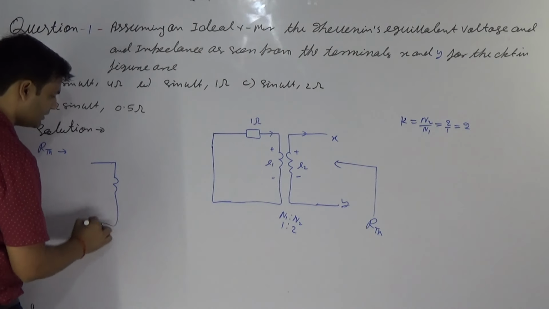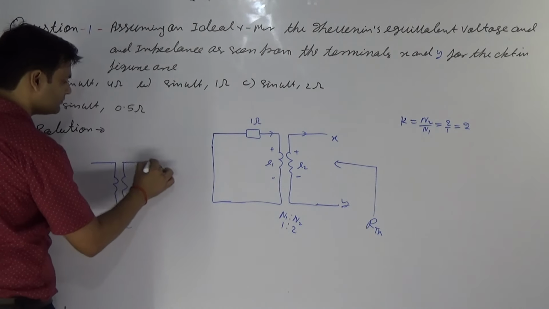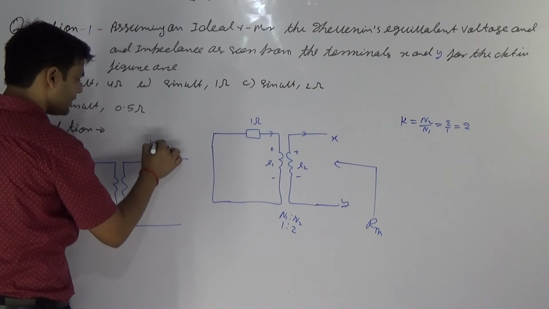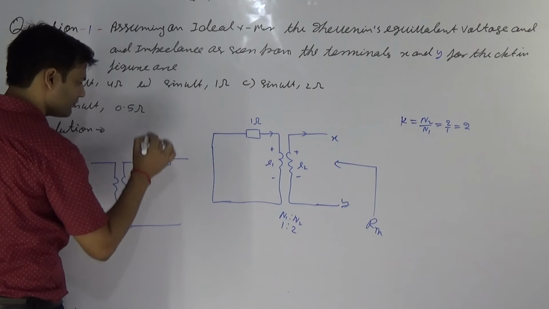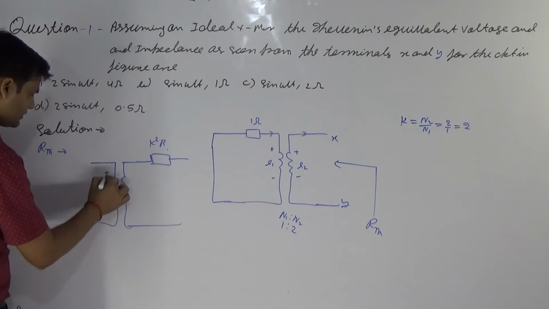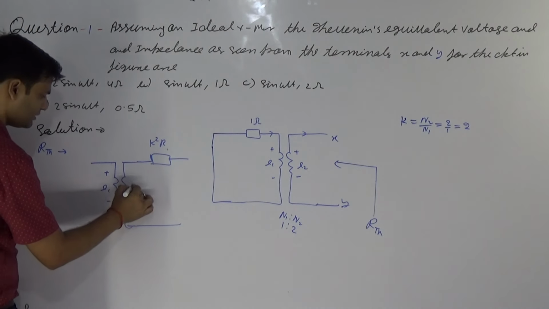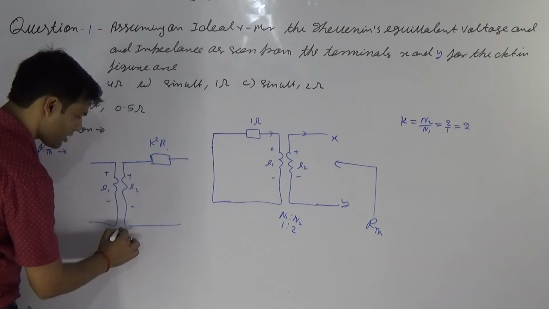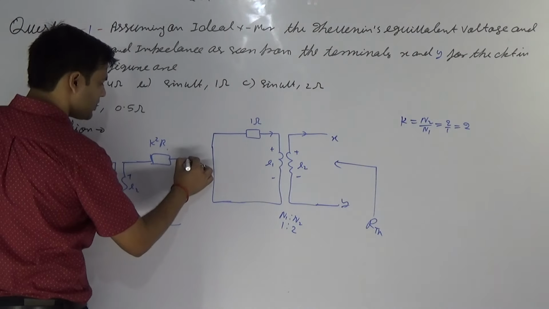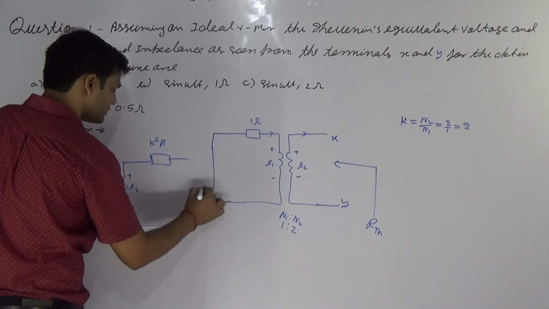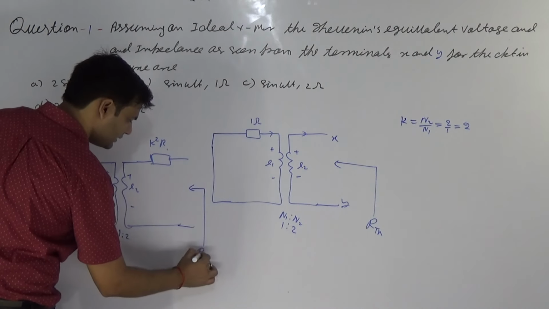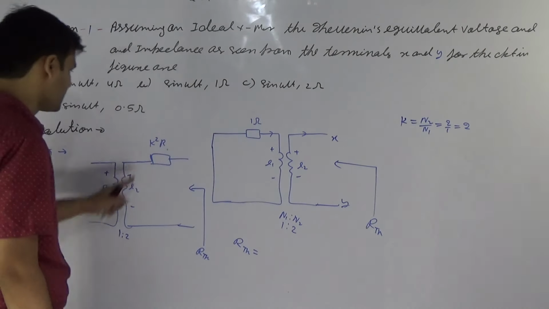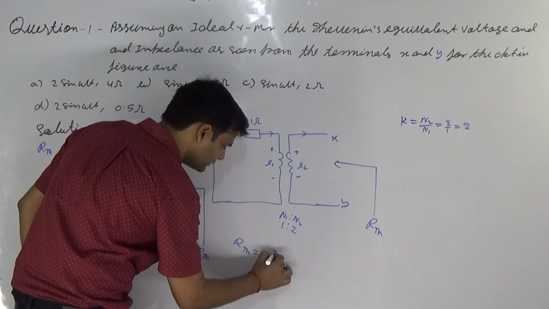It looks like K square into R. This is E1, E2, 1 is to 2. This is RTH. Then RTH will equal K square R.